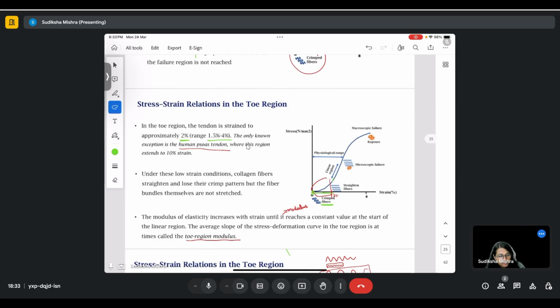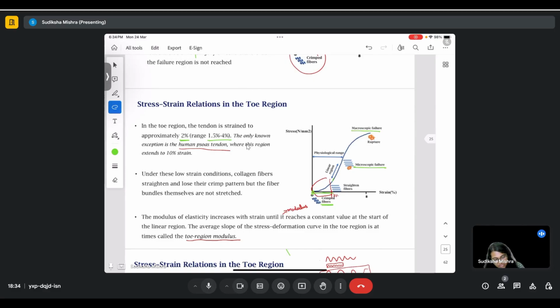Some of these fibers, because they are beyond the capacity of their strain, might enter microscopic failure, following which they might go into macroscopic failure. But in general, in the toe region, the tendon is strained to an average of 2%.